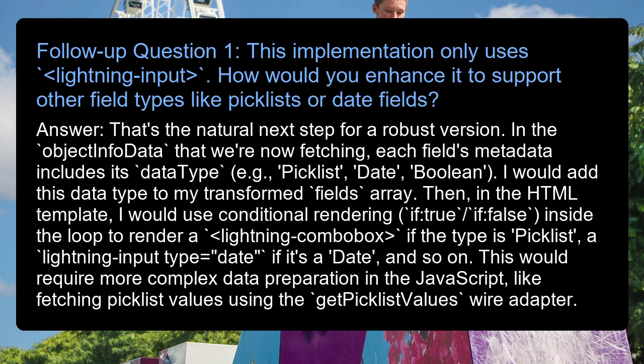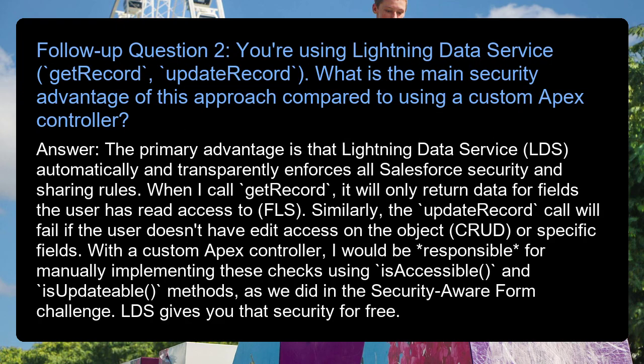Follow-up question 2. You are using Lightning Data Service, getRecord and updateRecord. What is the main security advantage of this approach compared to using a custom Apex controller? Answer: the primary advantage is that Lightning Data Service, LDS, automatically and transparently enforces all Salesforce security and sharing rules. When I call getRecord, it will only return data for fields the user has read access to, FLS.